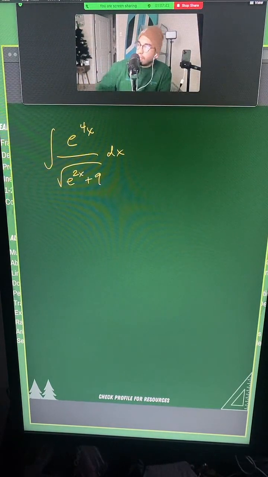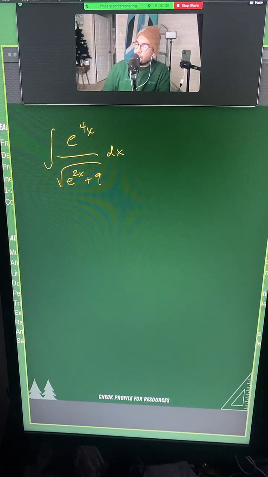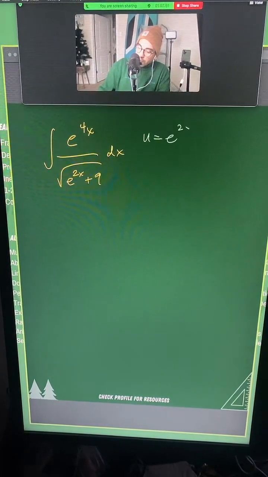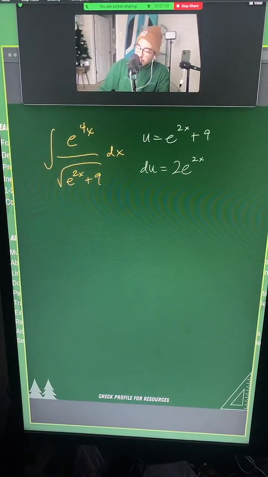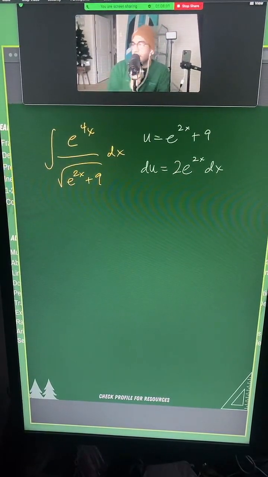Okay, so someone's saying that e to the 2x plus 9 should be your u sub, that entire thing. Okay, so let's try that. u is equal to e to the 2x plus 9. So then when I take the derivative of this, du is equal to 2 e to the 2x dx. Okay.